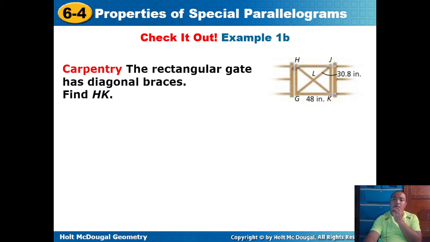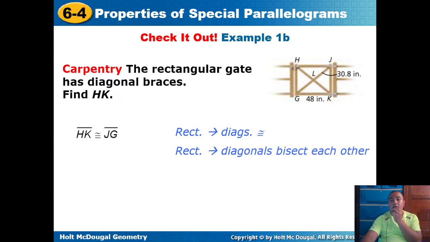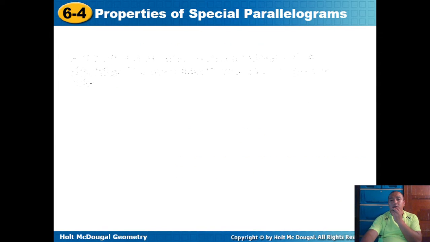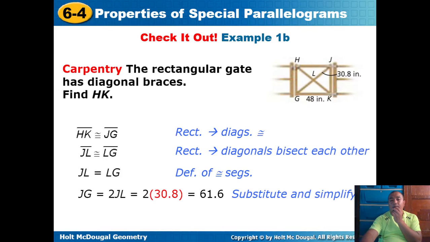Here, with diagonal braces, diagonals are congruent. HK is equal to JG. So they are both 30.8. JL is equal to LG. Diagonals bisect each other, so 30.8 times 2 is 61.6. That is the length of JG.